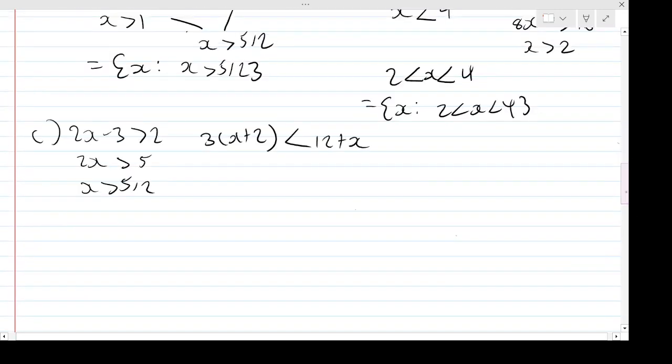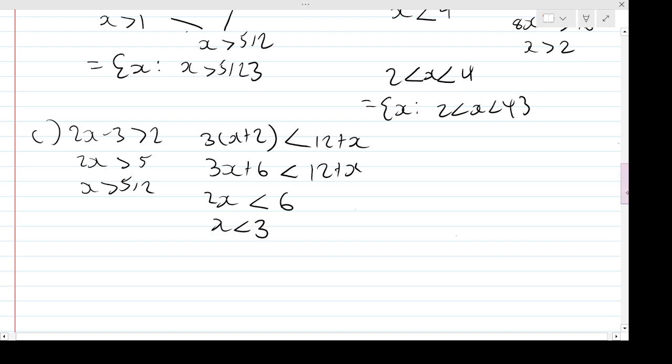So again, let's expand it first to get 3x plus 6 is less than 12 plus x. Then I'm going to take away x from both sides to get 2x. Then I'm going to take away 6 from both sides to then get less than 6. That means x is less than 3.